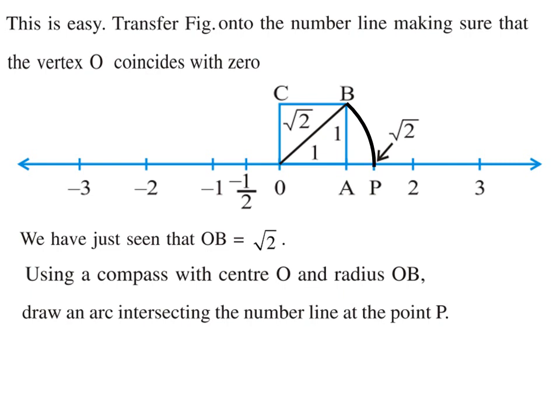Like this, you have to draw an arc which intersects the line at P. So we have drawn the arc. Now you can see that P corresponds to root 2 on the number line. So point P represents root 2 on the number line.